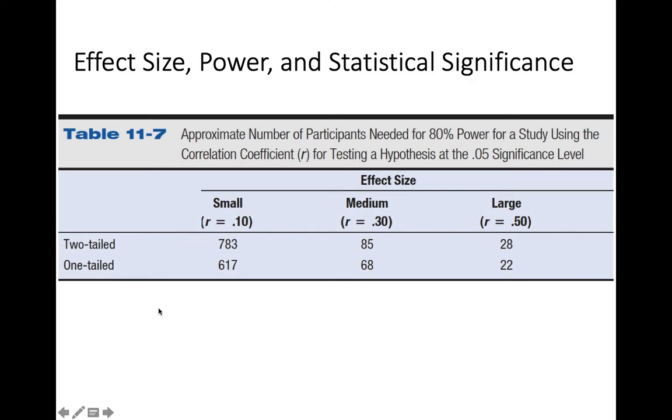What this shows is that when there's a very small correlation, you need quite a few participants in the study to say that's a real effect, it's not due to randomness. As the size of the correlation goes up, as the effect size increases, we need smaller and smaller studies in order to have a statistically significant result.